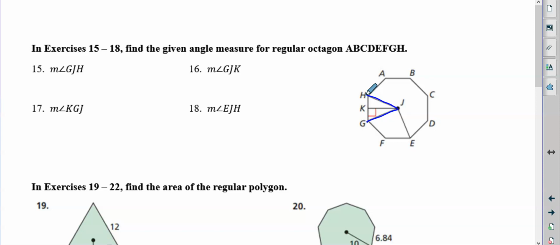That is one central angle, which is 360 divided by 8, which is 45 degrees. Now GJK, well, GJK is right there. The apothem is a bisector, so that makes this half of that, 22.5 degrees.